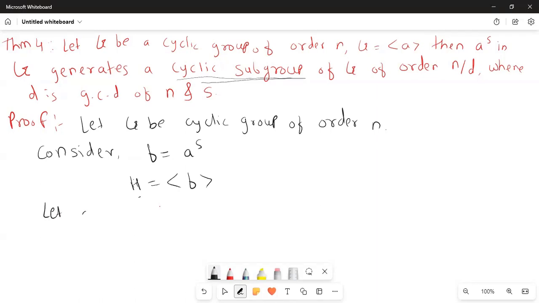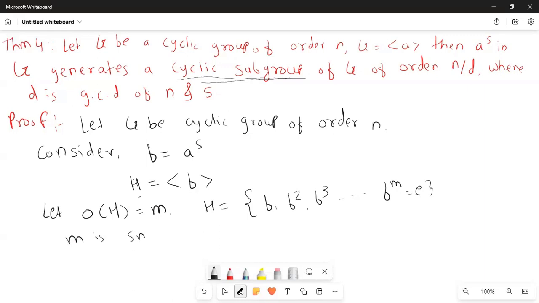Let the order of H be m, where H is b, b square, b cube up to b raised to m, which is the identity e. m is the smallest power of b which gives the identity e.